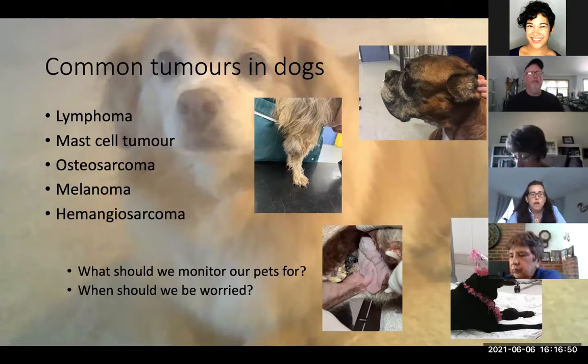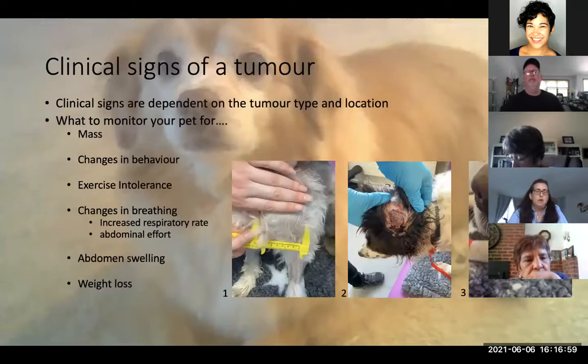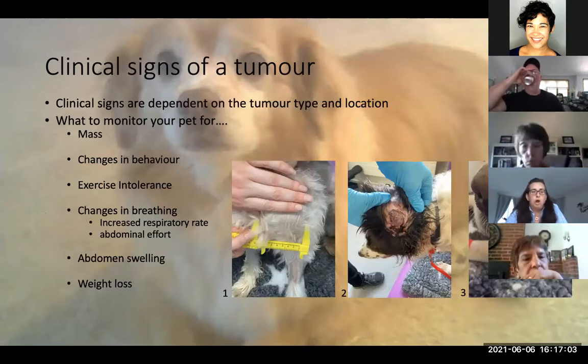And when is it time to really go to the vet and get more workup and be concerned about what's going on? Clinical signs are really quite variable, depending on the type of tumor, the location of the tumor, and also how aggressive that tumor is.